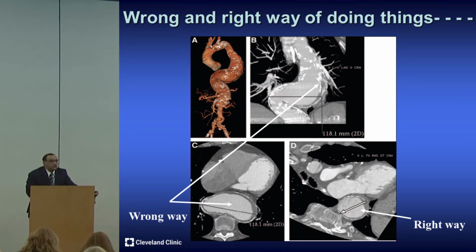You'd be amazed at how many radiologists in the community measure like that, the top panel, and scare the bejesus out of the patients and the referring doctors, and all hell breaks loose. And then we do the measurement. You are sitting in my office, I'm looking at you and say, no, you don't need surgery, and you think I'm a fool. But this is the important thing that needs to be recognized.